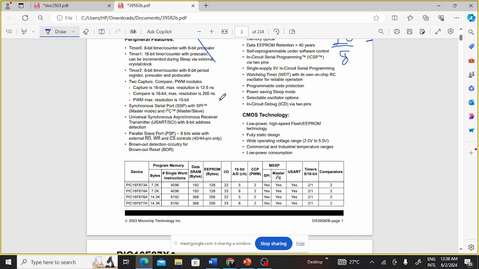So I2C is like one communication procedure, like USB. USB is Universal Serial Bus. I2C also has a maximum number of devices it can support.